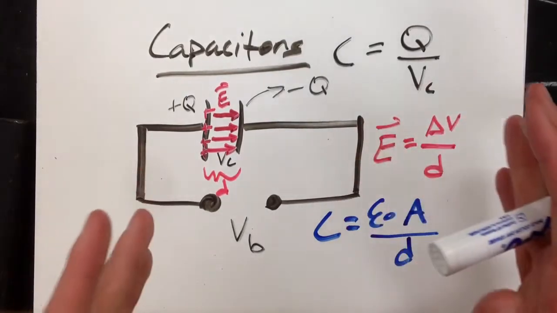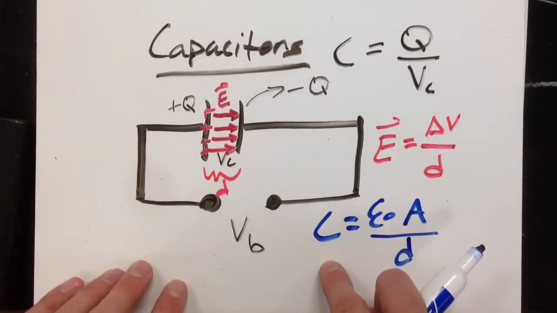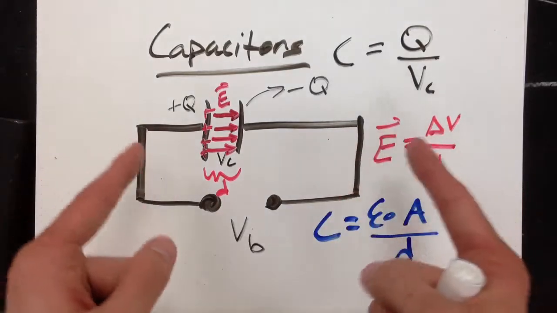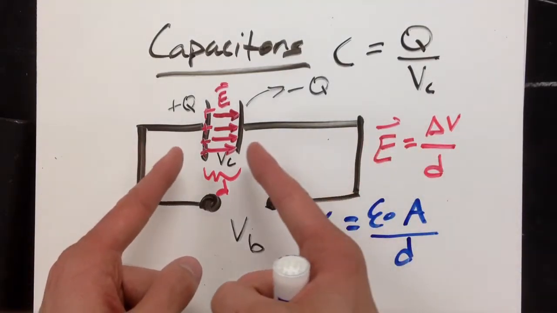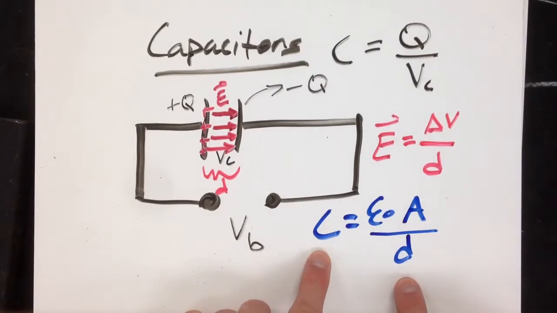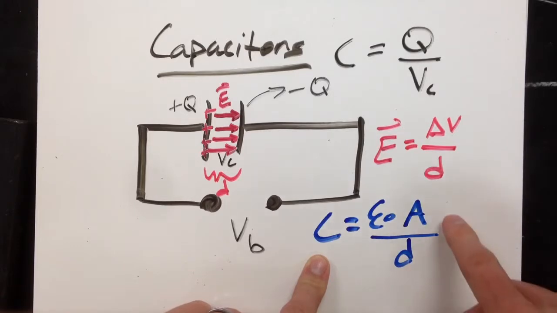As the area of your plate gets larger, you have a greater capacitance. If the separation gets smaller, in other words you bring the plates closer together, your capacitance also increases. So capacitance and distance are inversely related, and capacitance and area are directly related.